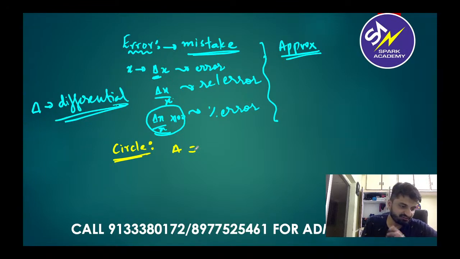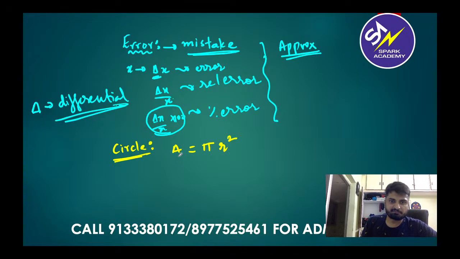What is the area of a circle? Come on guys, I want you to participate. Let's make the class interesting and let's make it a quick learning session. So the area of a circle, rightly pointed out, is pi r square.